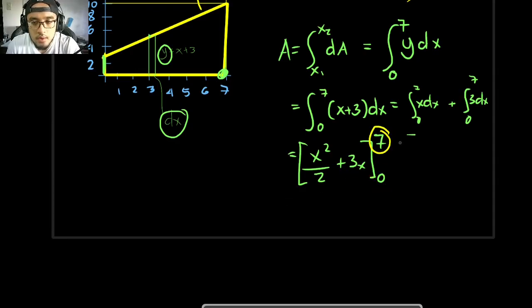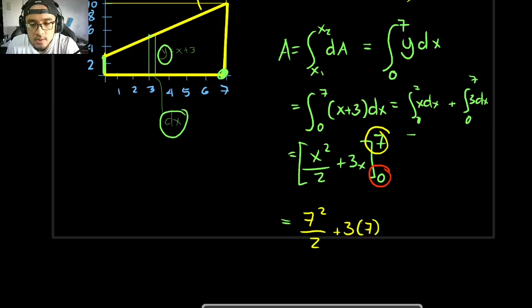For the upper limit, let's say that our upper limit is the yellow part, and our lower limit is this one right here. So this is now equal to 7 squared over 2 plus 3 times 7. That is for our upper limit. And for our lower limit, make sure to subtract it.